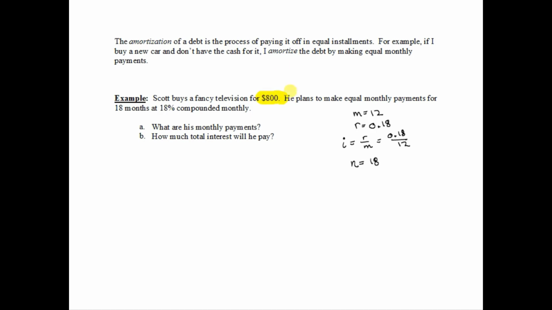This $800. Is it occurring at the beginning or the end? At the beginning. That means we're going to use the present value formula, and that our present value will be $800. Okay, let's put everything in.